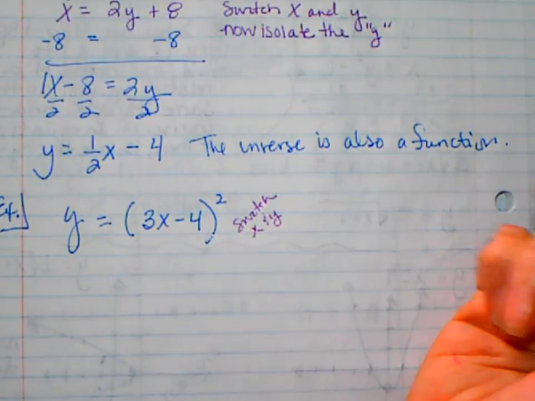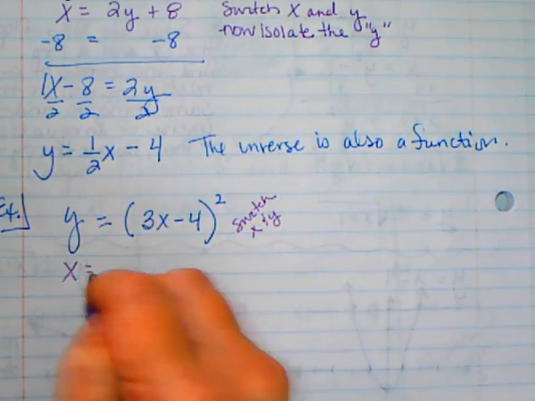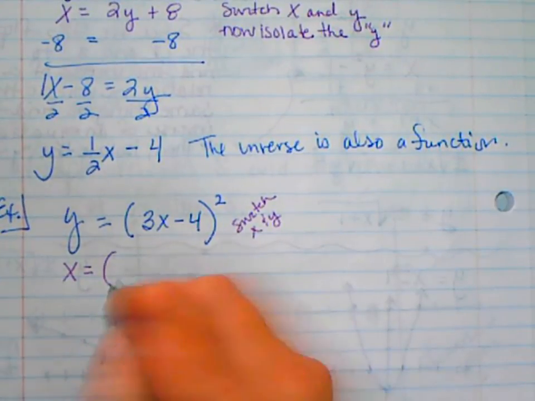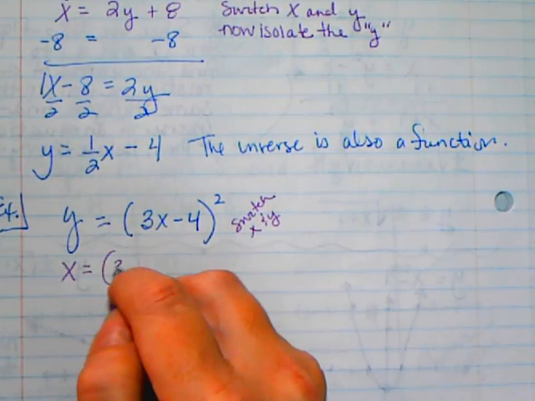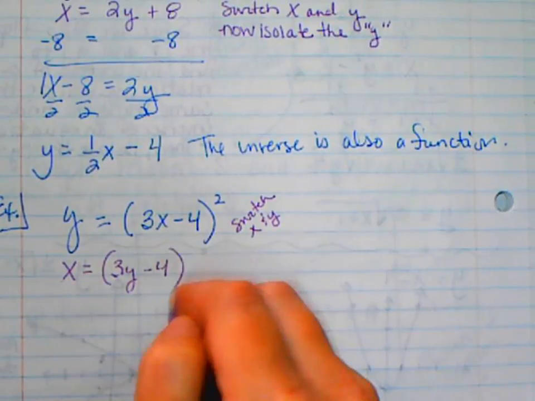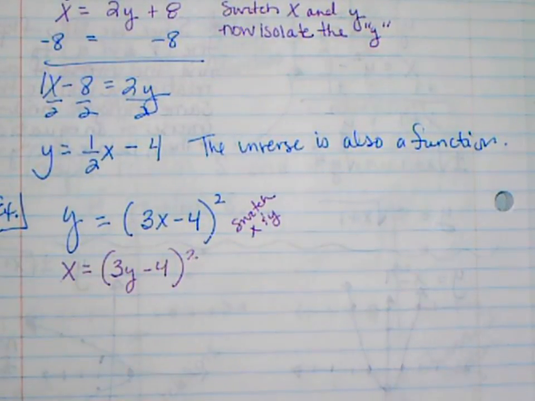Switch the x and the y. So that'll be x equals 3y minus 4, quantity squared. Don't square root it before you flip-flop them. It's always flip-flop first, okay?